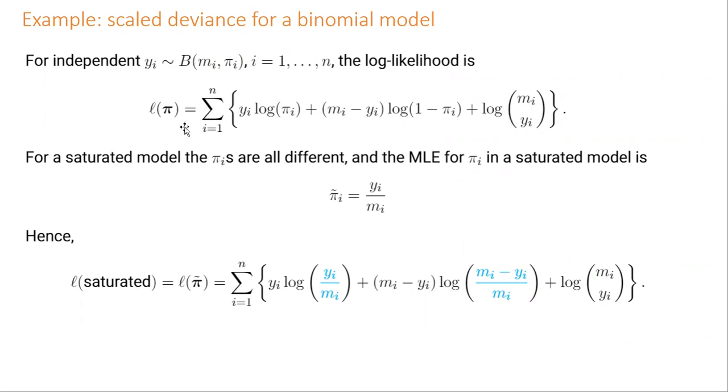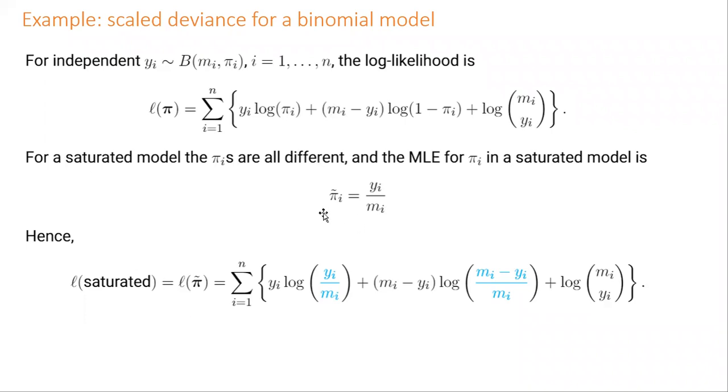For the saturated model, again, we'll just pick the ith component here, and then this will be a pi i, not a vector, but just a scalar pi i, and do the usual thing: differentiate with respect to pi i, set to 0, solve, and then you can see, and this makes intuitive sense, that for the saturated model, this probability is the sample proportion for the ith group. Yep, which depends only on the data, does not depend on x, does not depend on beta, because it doesn't make sense to do so for the saturated model.